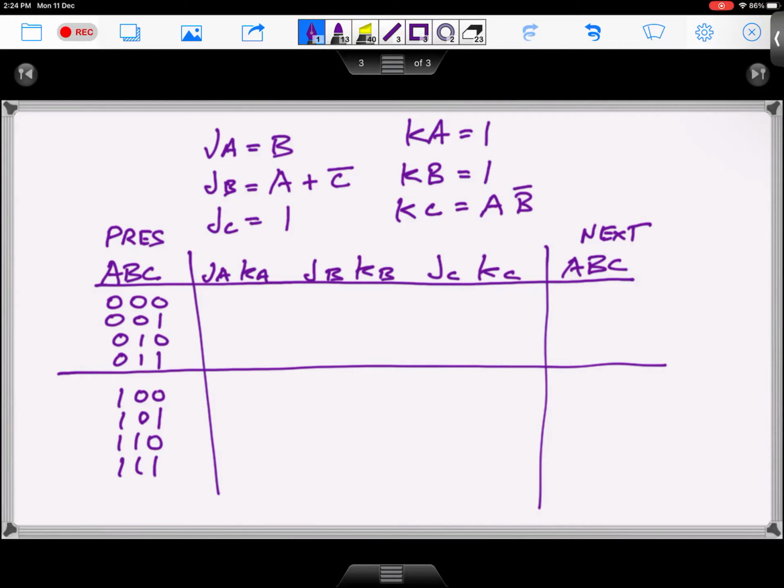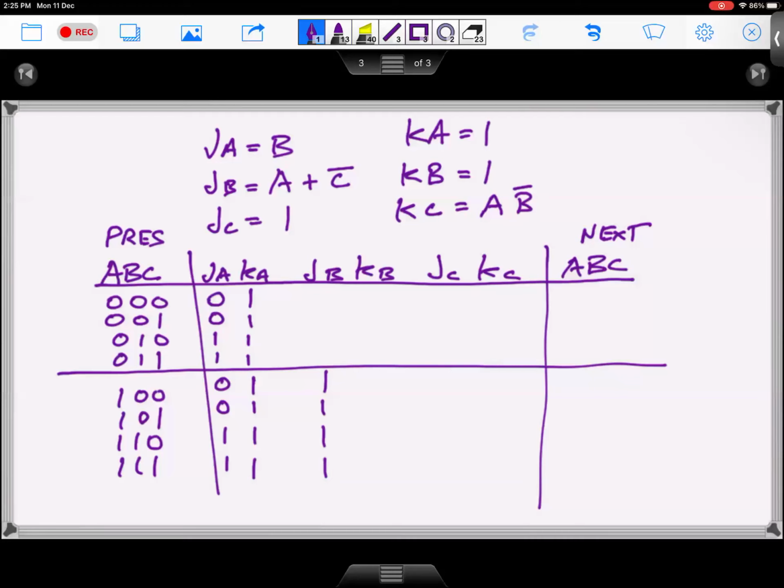JA is B. So I look at the B column and I write it down like this. KA is just 1. So all I have to do is write a 1 for all of them. JB is A or C bar. Well, A will give us the bottom 4.